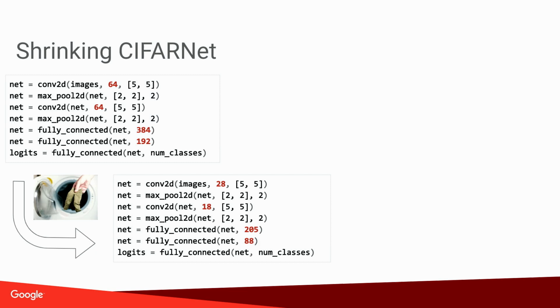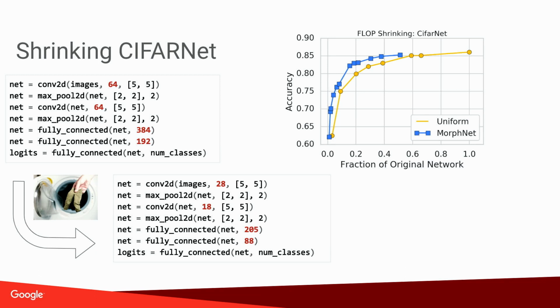You can see here that the numbers are smaller and somewhat different. These are made-up numbers, by the way. You can do that several times in order to get a performance accuracy trade-off. And we compare, so these are the blue dots generated with our approach. We compare them to what one would do without any prior information.